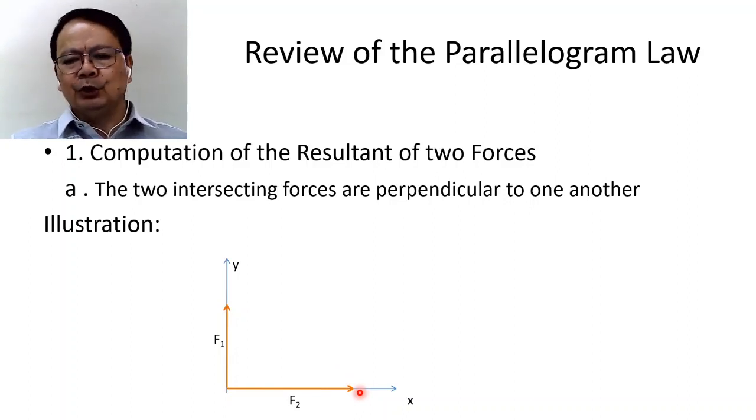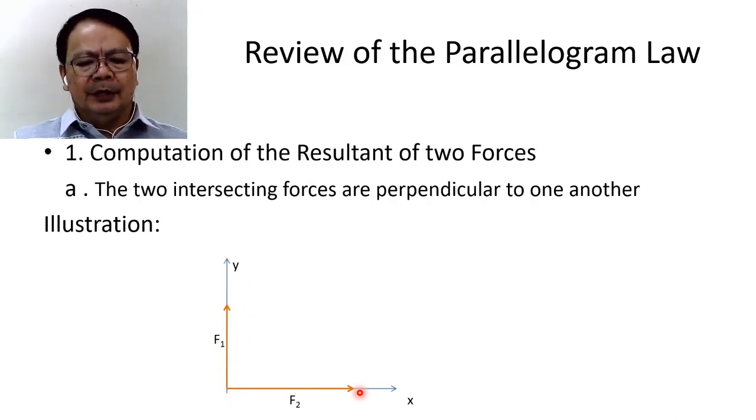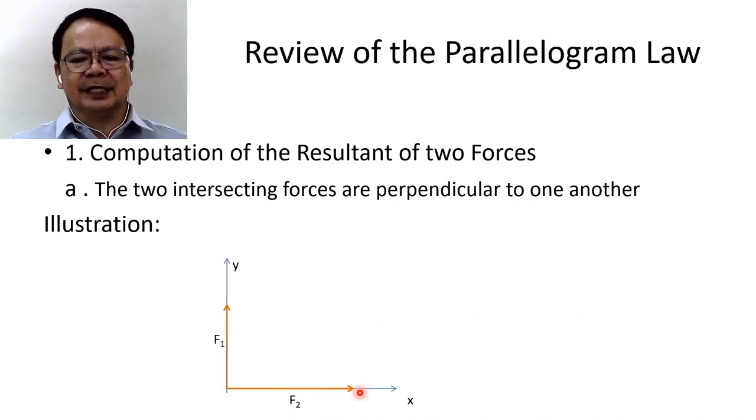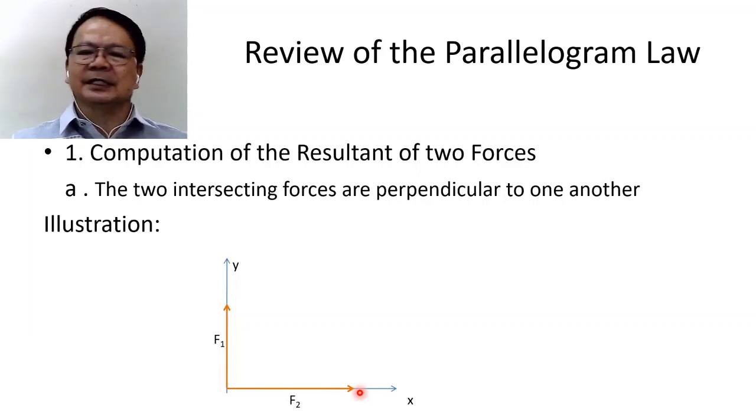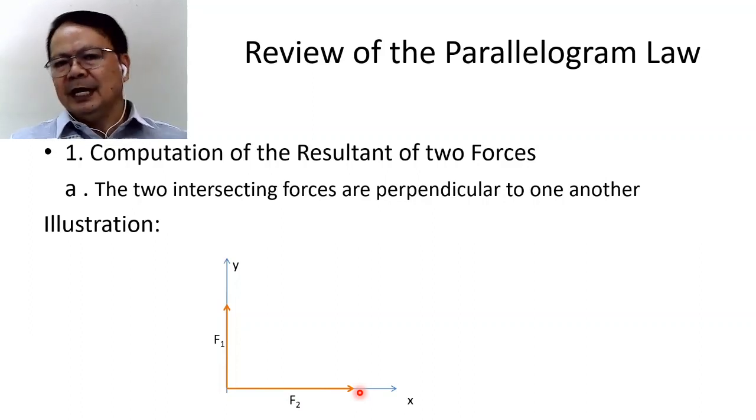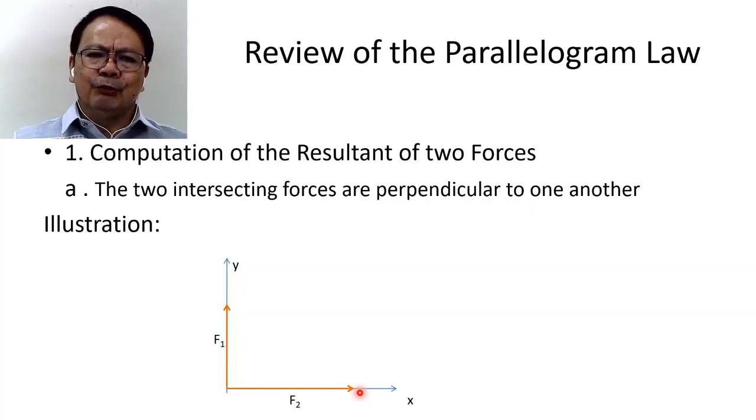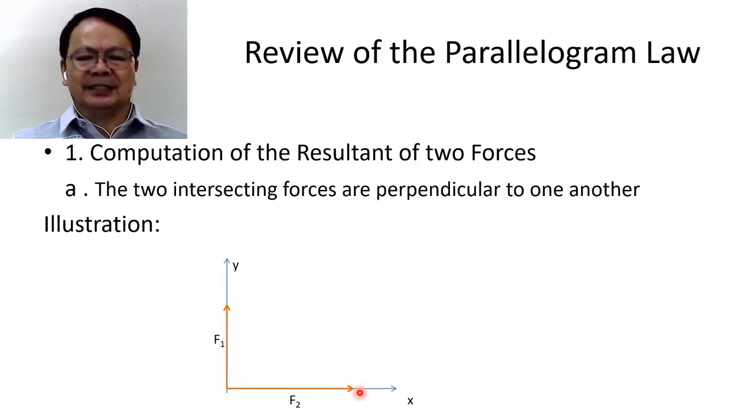How are we going to compute for its resultant? According to the parallelogram law, the resultant of these two forces shall be the diagonal of the parallelogram that will be formed by the vectors of these forces. Therefore, it is necessary for us to draw the parallelogram having these two forces as the sides.